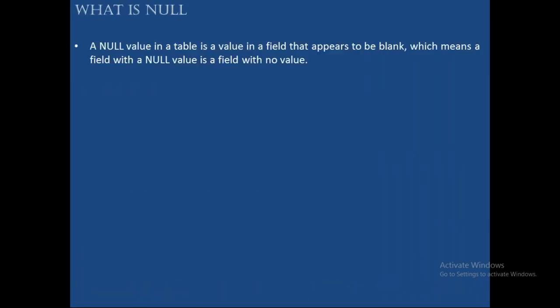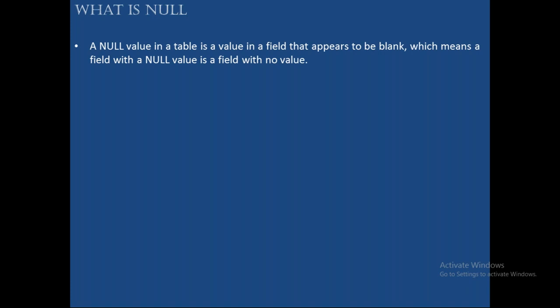Next, what is null? Remember, a null value in a table is a value in the field that appears to be blank, which means a field with a null value is a field with no value. If somebody is not giving any value, it will go as an empty value, no value.